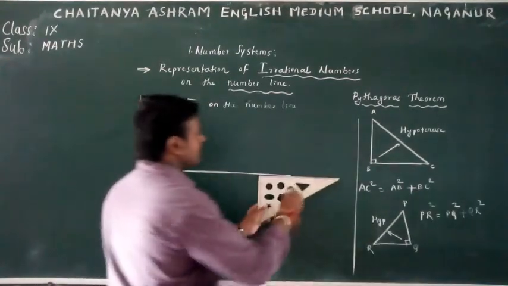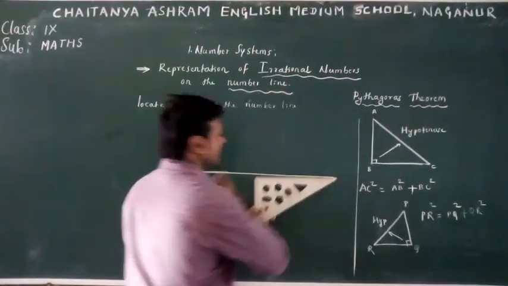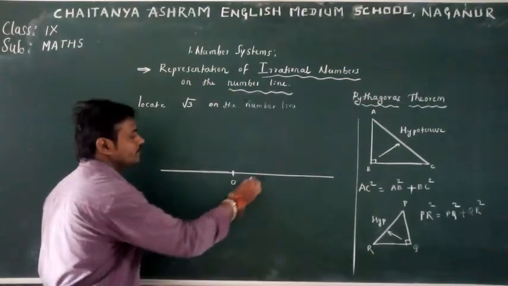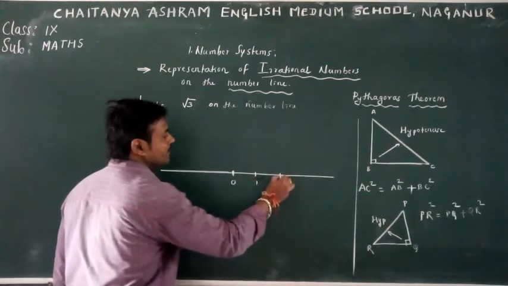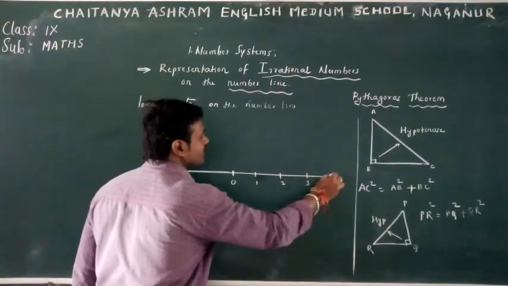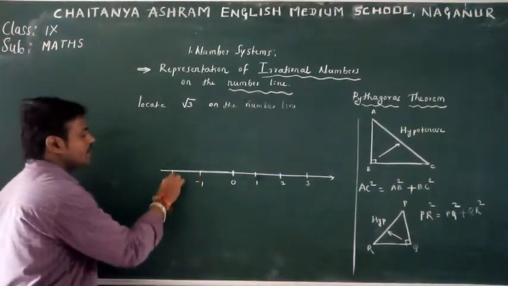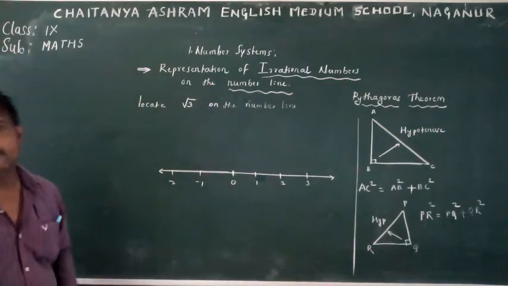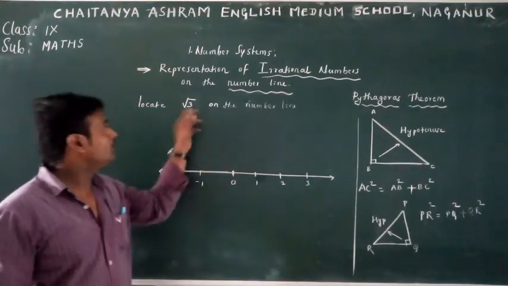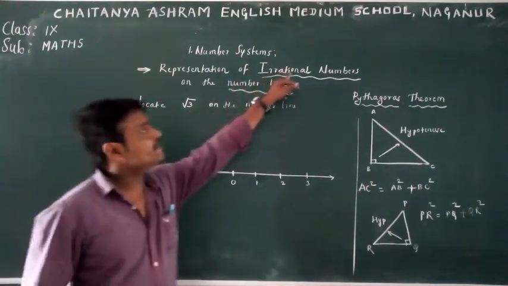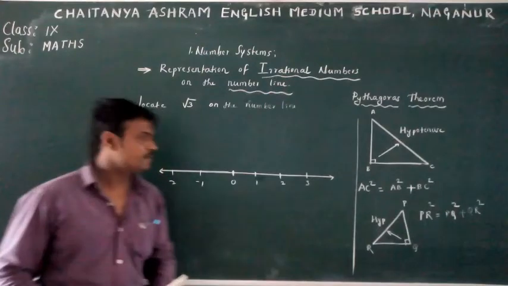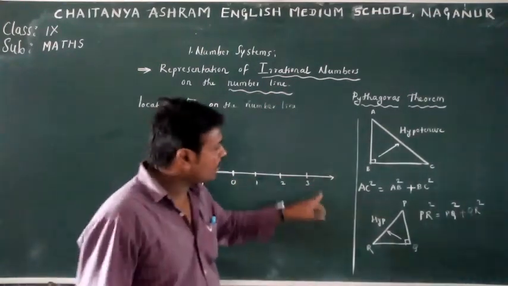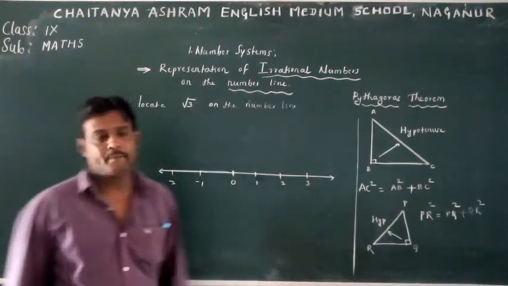Take this as center O. This is 1, this is 2, this is 3, minus 1, minus 2. Root 3 is what? An irrational number. Yes. On the number line irrational numbers also exist. That is why this is called the real number line.